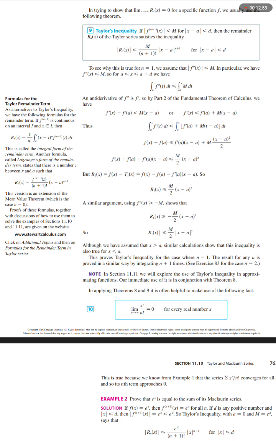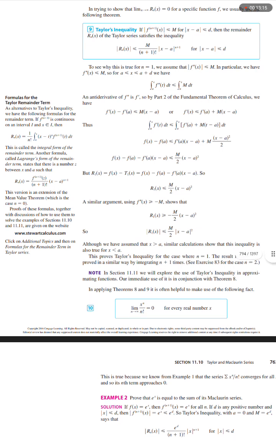So big R sub 1 of x is less than or equal to big M over 2 times (x minus a) squared. A similar argument using f double prime of x greater than or equal to negative big M shows that big R sub 1 of x is greater than or equal to negative big M over 2 times (x minus a) squared.